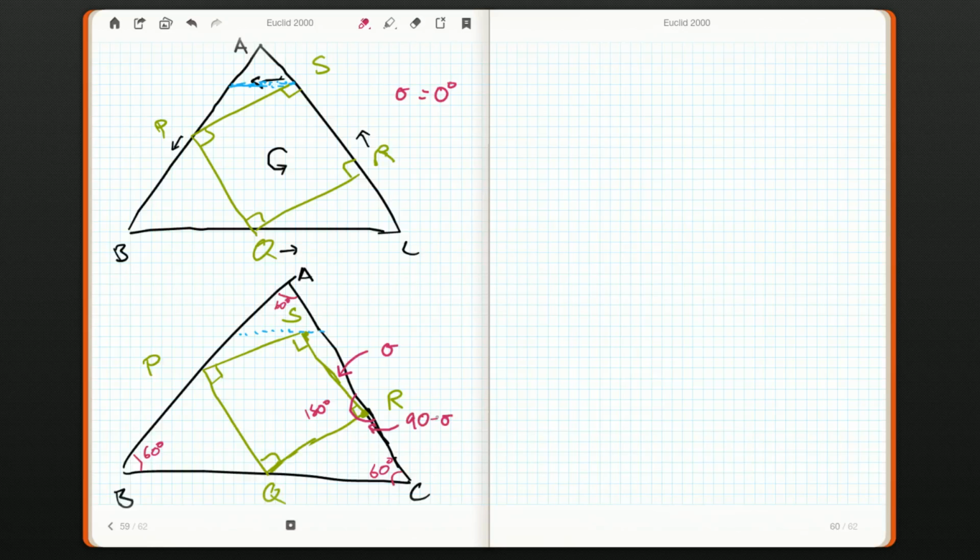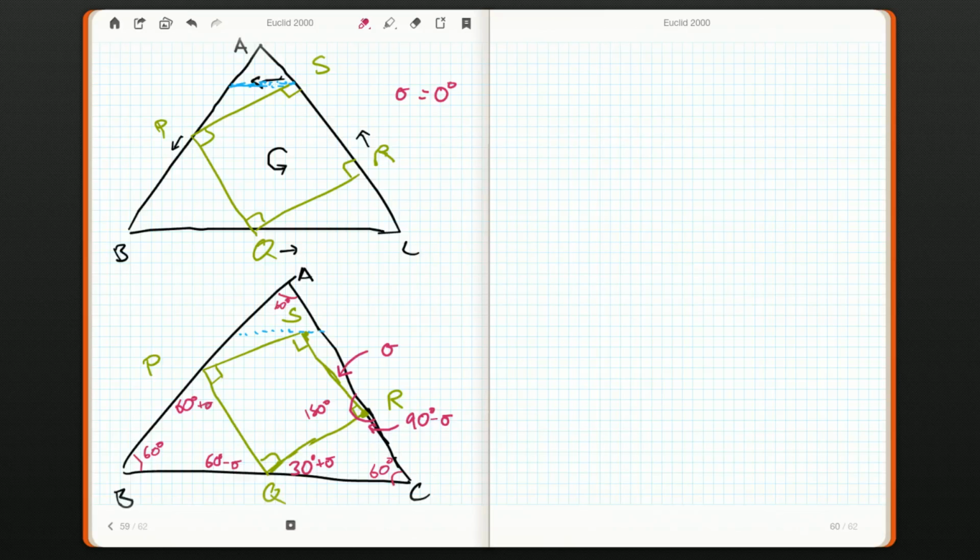This angle right here is 90 degrees minus sigma. Combining that with this 60 degrees, we can fill in this triangle, QRC. And we can see that this guy right here is going to be 30 degrees plus sigma. And then this one over here will be 60 minus sigma. And this will be 60 degrees plus sigma. Okay.